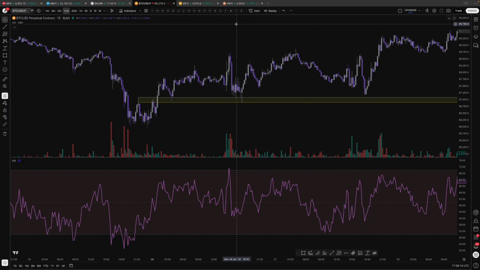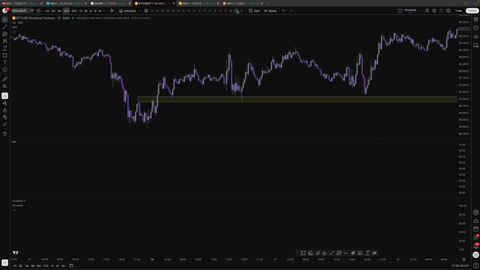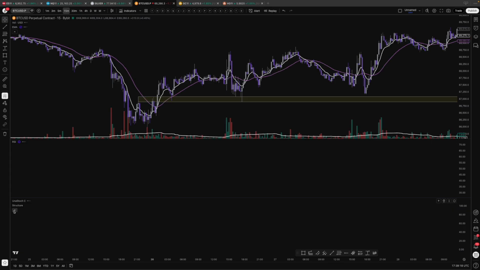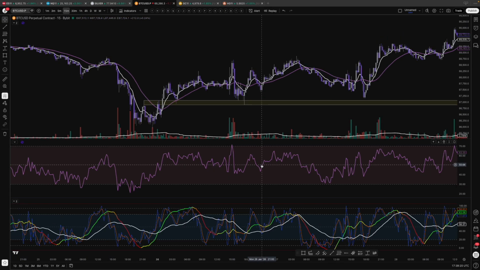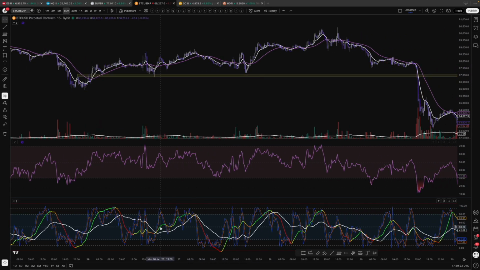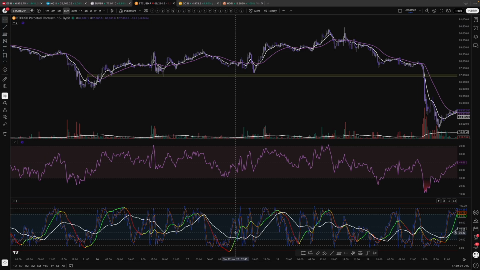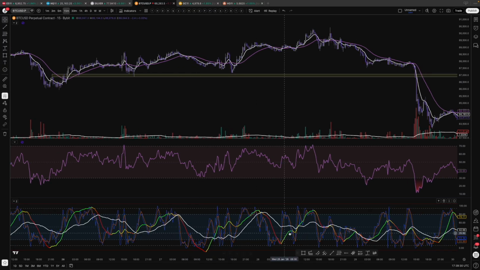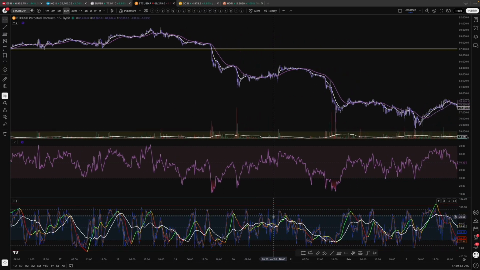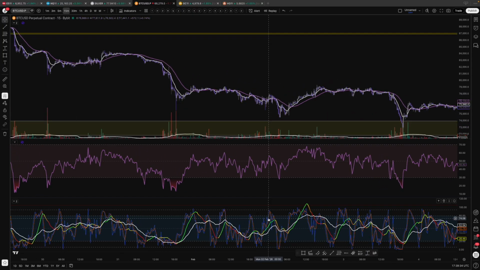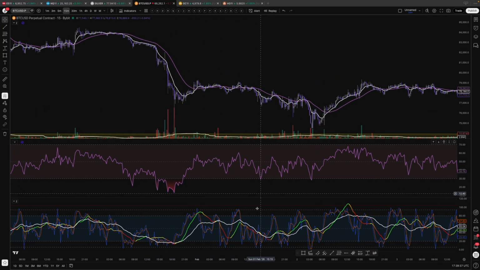For us here, we use a couple of different in-house indicators. So this is my favorite one. It is a structure stock that was created by one of our moderators, Mr. Digital. It's a beautiful indicator. So I always have both of these on at the same time.